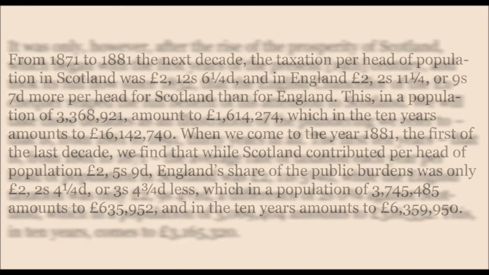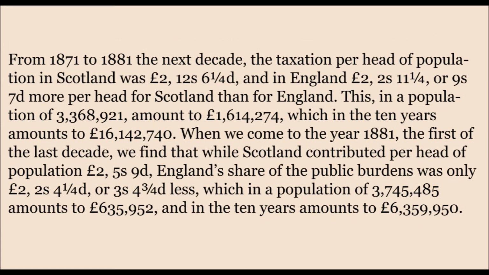From 1871 to 1881, the next decade, the taxation per head of population in Scotland was £2, 12 shillings, 6 and a quarter pence, and in England £2, 2 shillings, 11 and a quarter pence, or 9 shillings, 7 pence more per head for Scotland than for England.